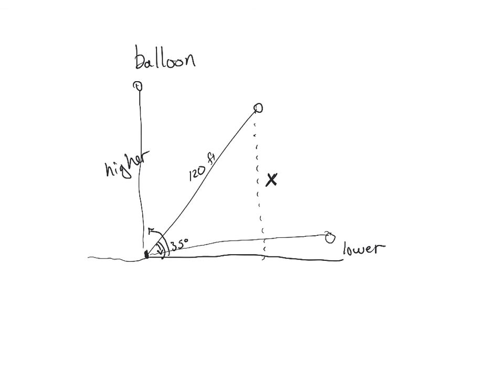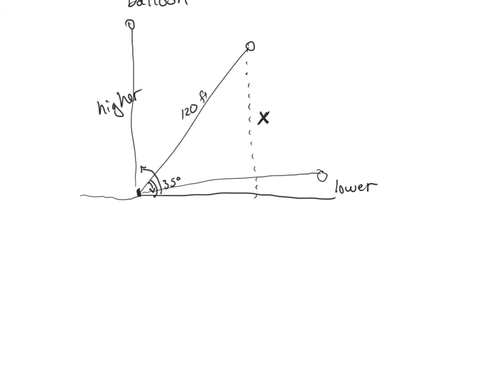So we need something that is opposite over hypotenuse. So we can use sine. So the sine of 35 degrees must equal x over 120. Then to find x, then to find that height, we can say, 120 times sine of 35 will give us our actual height of the balloon.